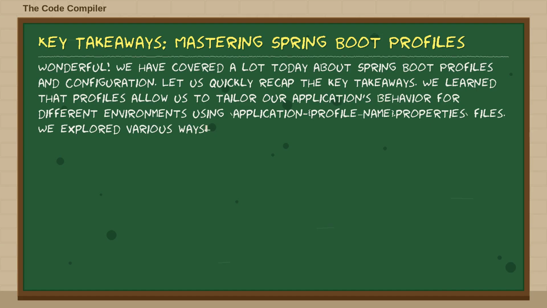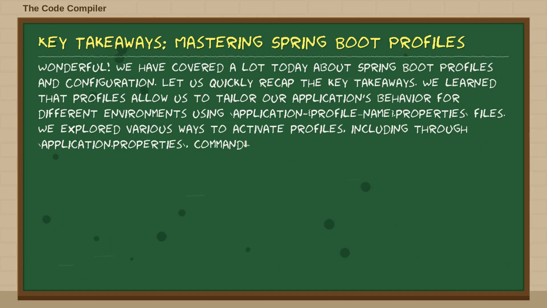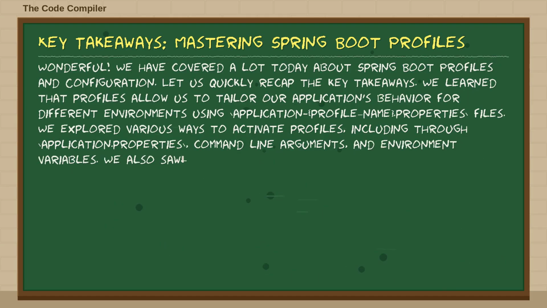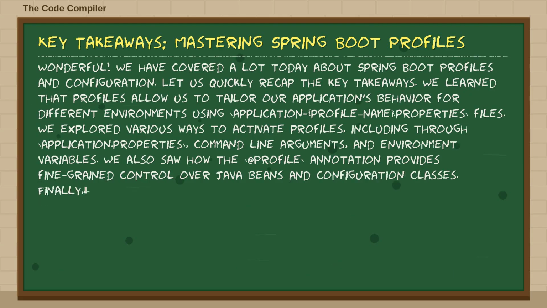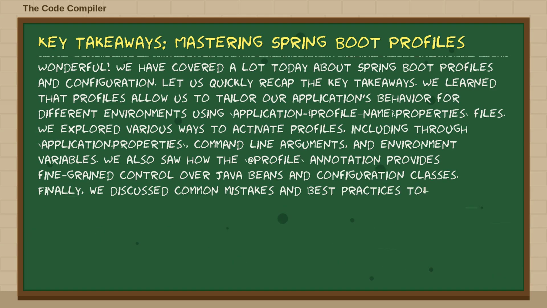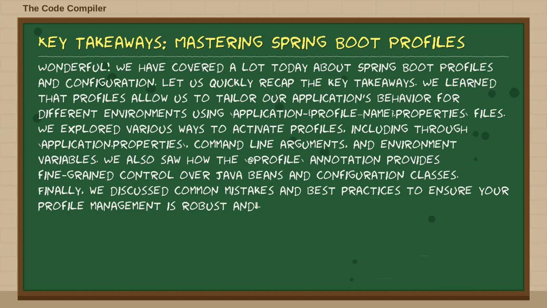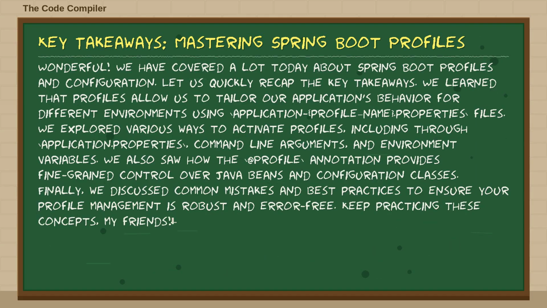We explored various ways to activate profiles, including through application.properties, command line arguments, and environment variables. We also saw how the @Profile annotation provides fine-grained control over Java beans and configuration classes. Finally, we discussed common mistakes and best practices to ensure your profile management is robust and error-free.